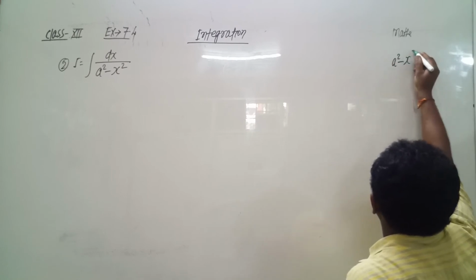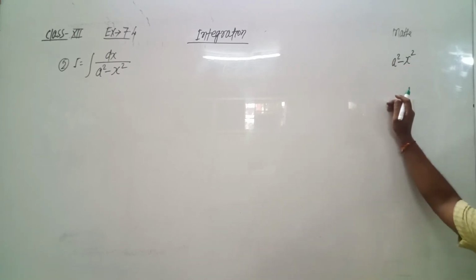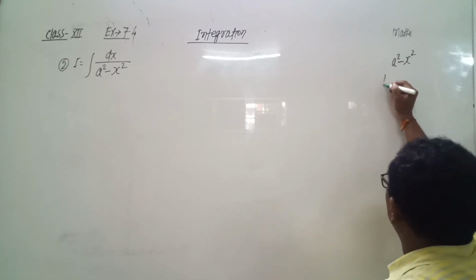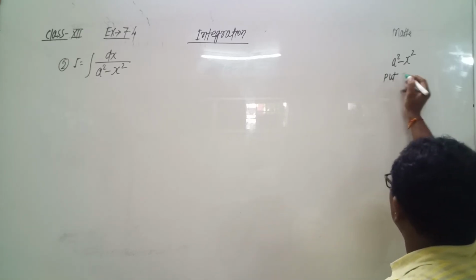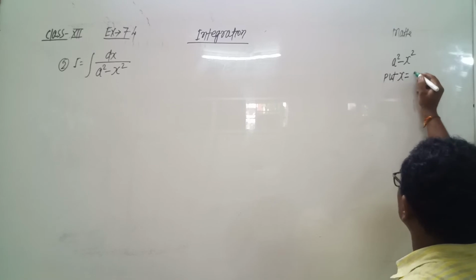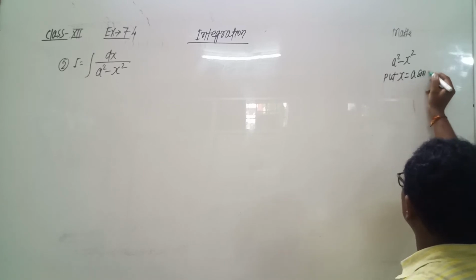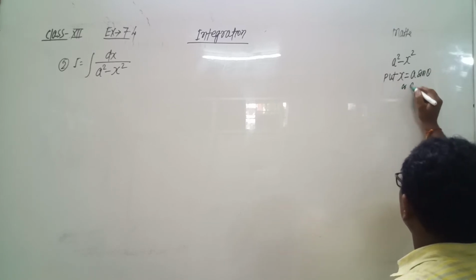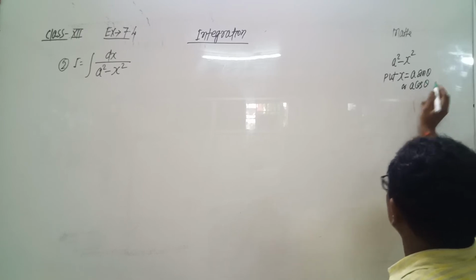If there is a form like a square minus x square, then in such a form we will have to put x equals to either a sin theta or a cos theta.